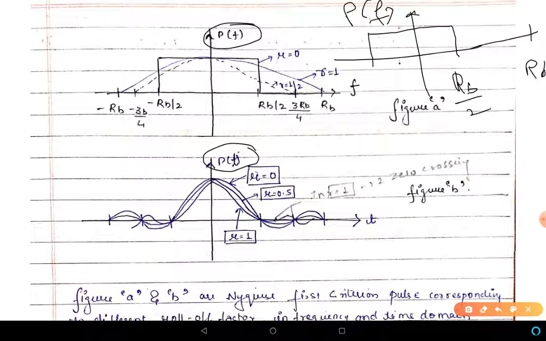So my first case is for R equal to 0, that is when there is no excess bandwidth. And when I say R is equal to 0.5, it means that from Rb/2 to Rb, 50% of this range is used. So in this case I will have something like this.